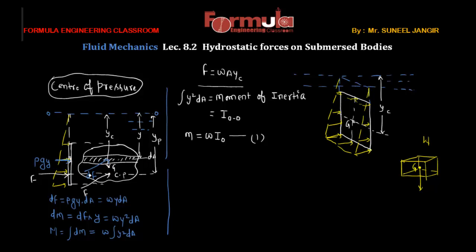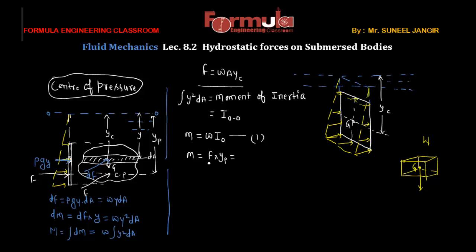So this total force is creating a moment about the free surface, which will be equal to the force F multiplied by the distance from the free surface, that is yp. So I can write M will be equal to total force F into yp.